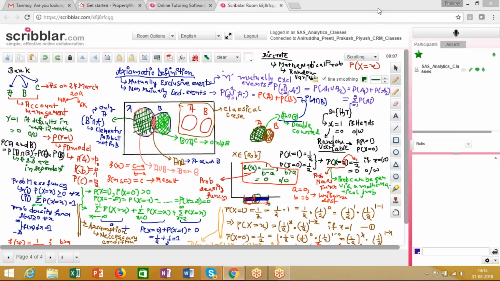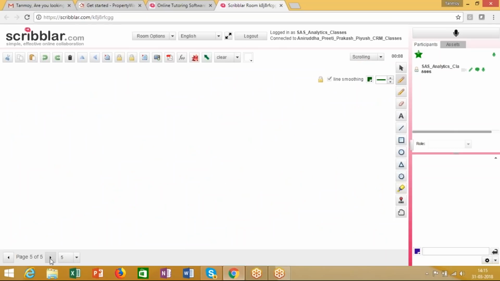So today we will extend our discussion to the concepts of distributions, right? But before that, a quick recap on the concept of probability mass function and probability density function.